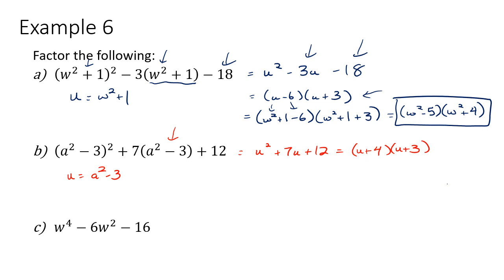If we reverse our substitution, that's a squared minus 3 plus 4 and a squared minus 3 plus 3, which would be a squared plus 1. Then the minus 3 and the plus 3 just cancel each other out, so that would just be times a squared.